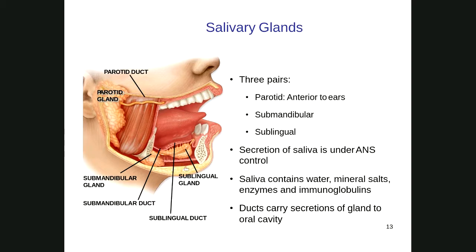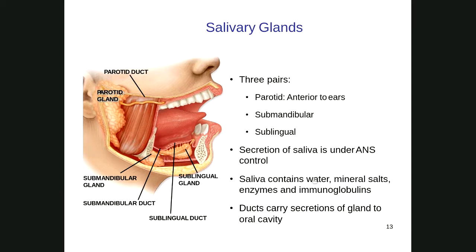These three glands, which exist in pairs, will secrete their contents into the oral cavity, playing a role in the beginning of digestion. So here is the very introductory detail about the content of the saliva.